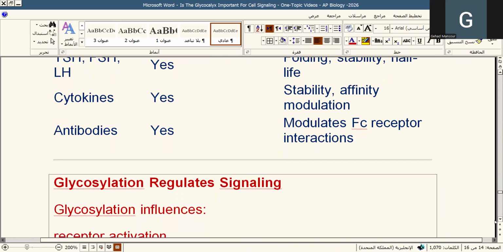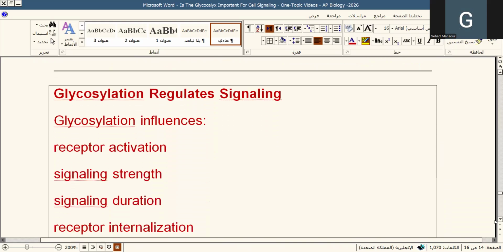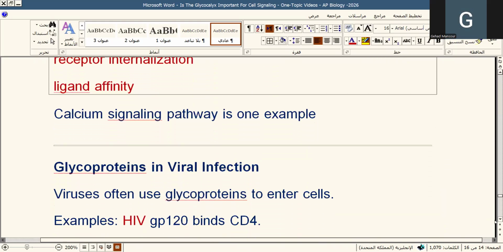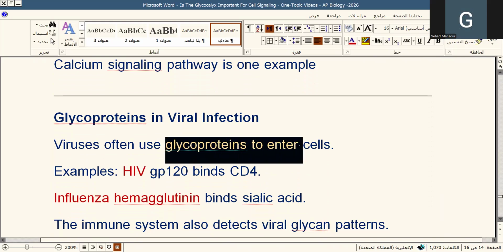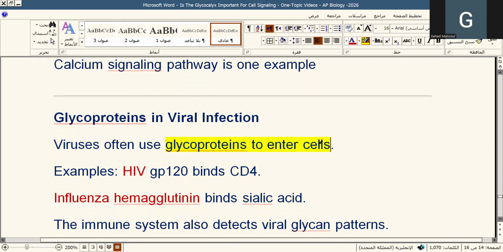And here is the summary of what we have said. In viral infections, viruses use glycoproteins to enter the cells. So we have the influenza, for example, that has hemagglutinin that binds sialic acid on the surface of the cell.